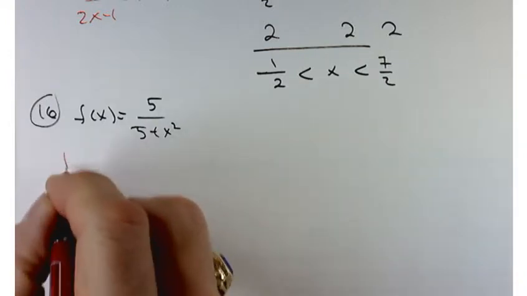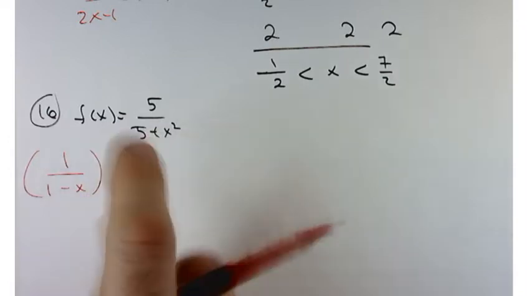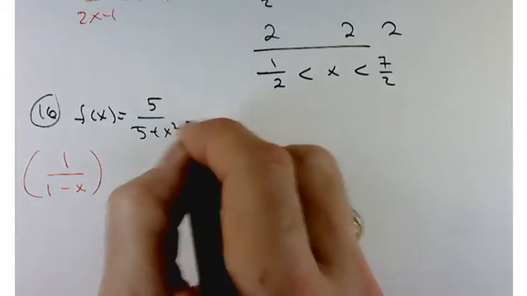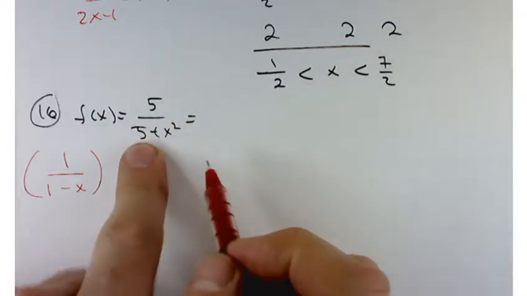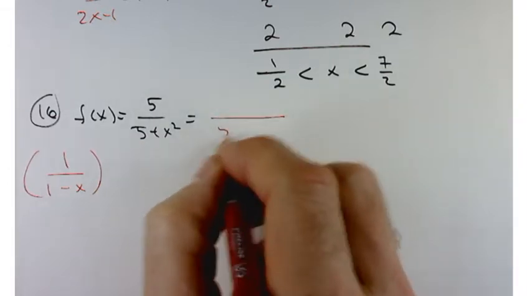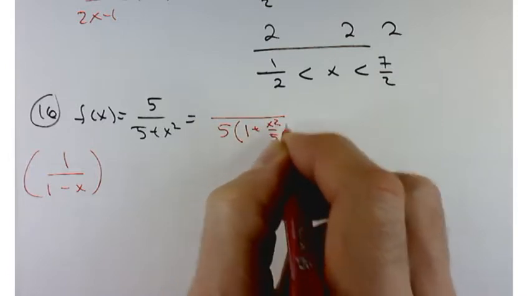Remember, overall, what we're trying to make this function look like is this. We've got to get it to look like this. So here's an easy way to start. I want to make that 1, so I'll factor out the 5. 5 times (1 plus x squared over 5).